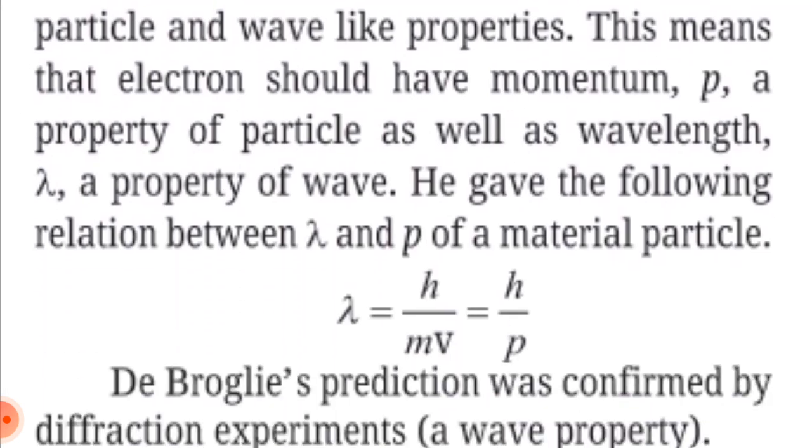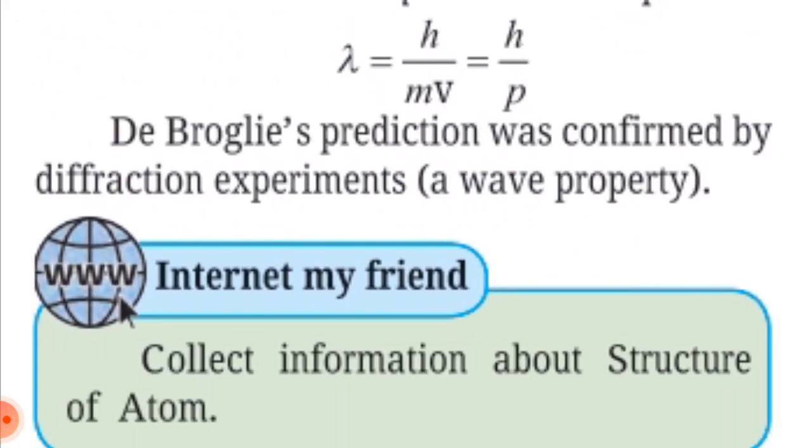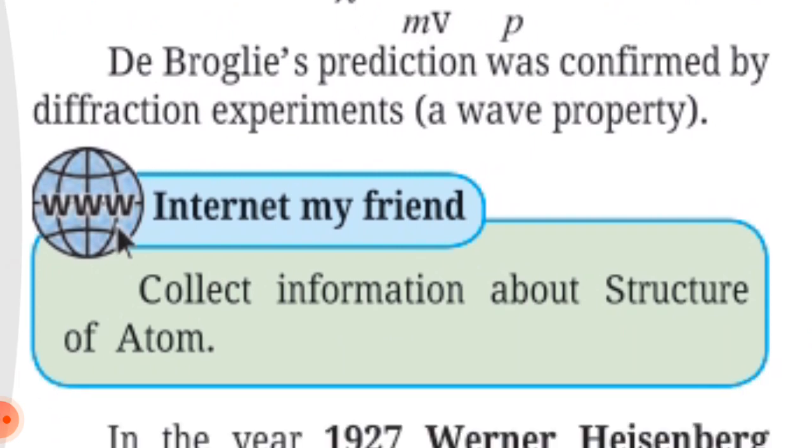This means that an electron should have momentum p, a property of particle, as well as wavelength λ, a property of wave. He gave the following relation between λ and p of a material particle. λ = h/mv = h/p. De Broglie's prediction was confirmed by a diffraction experiment, a wave property.